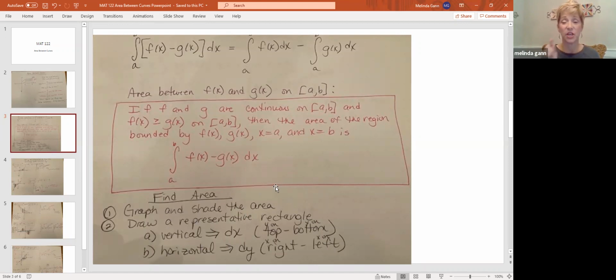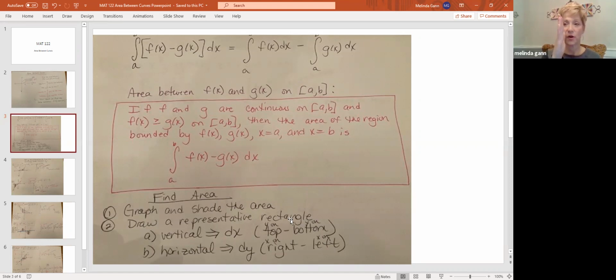My advice to you is get some colored pencils. It's going to make your life infinitely easier, especially if you're a visual learner. When I'm on the whiteboard next week, you're going to see me switching colors every time I draw a different graph. Then you're going to do what's called a representative rectangle.